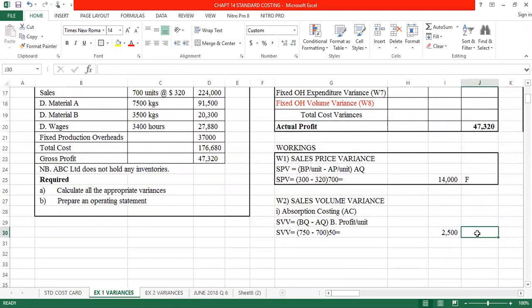How is it favorable and how is it adverse? We had budgeted to sell 750 units, but we actually sold 700. We sold less than we budgeted. So it is adverse, because we lost. Sales is income, and we sold less under absorption costing.